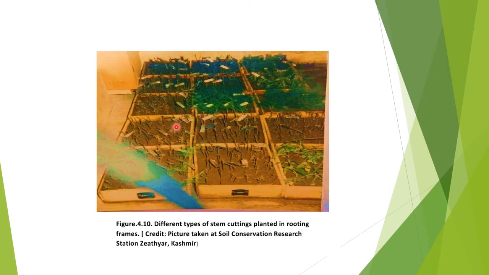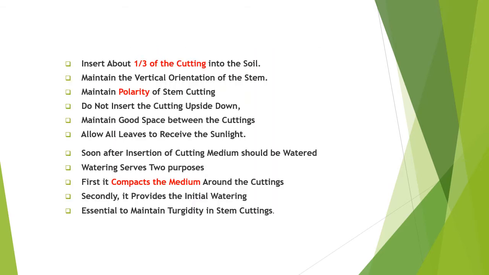So in each tray you will find one row of the cuttings is control, and the others are treated with different types of rooting hormones, to assess the rooting within these cuttings.